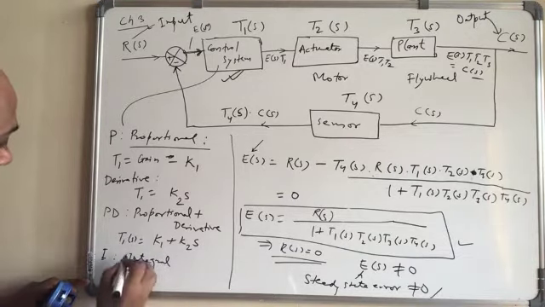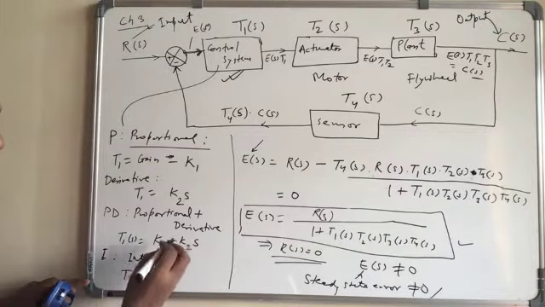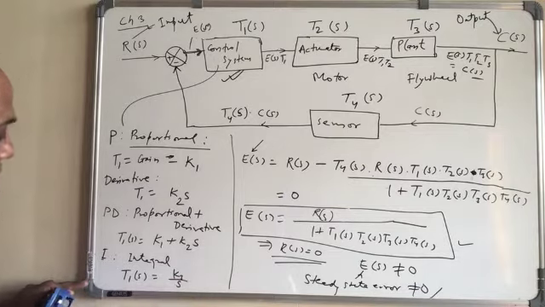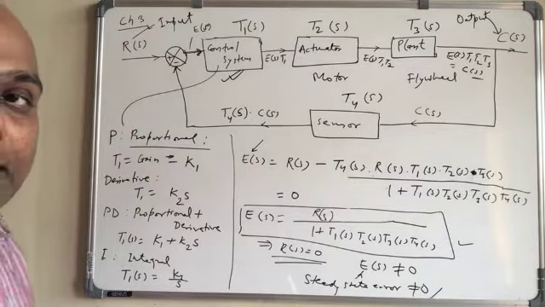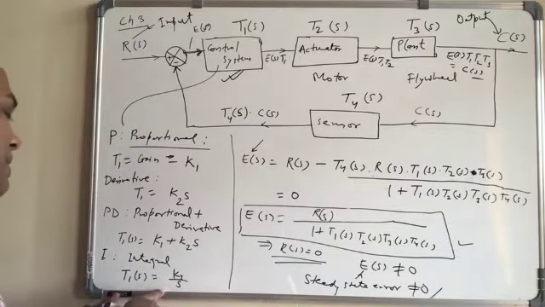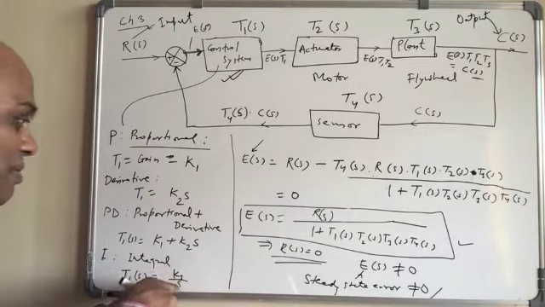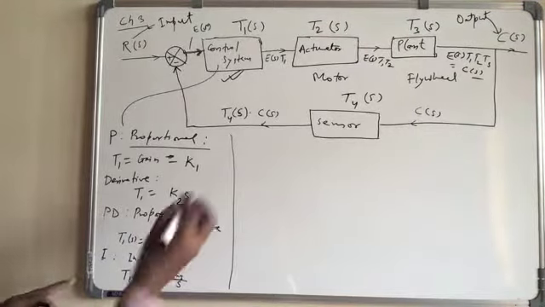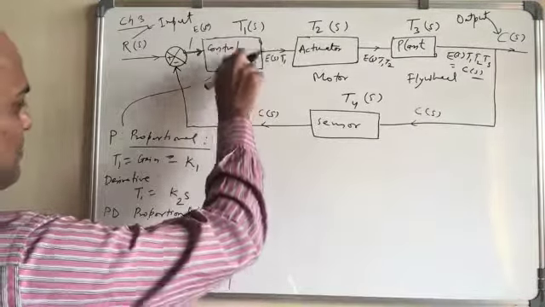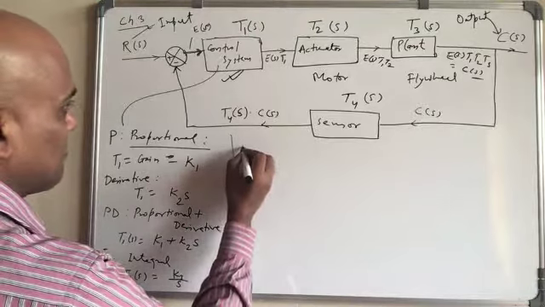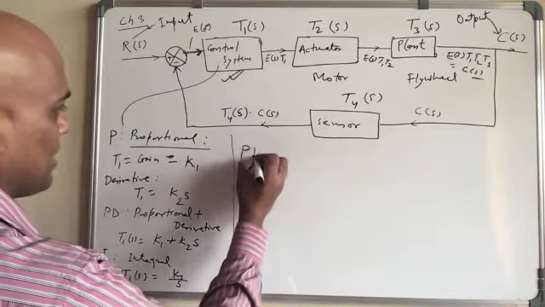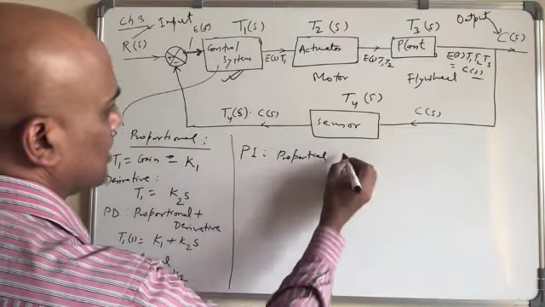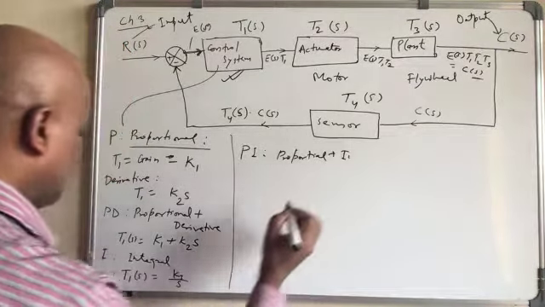Okay, in this case T1(S) could be K3 divided by S. As you know, that is an integrator, so if you take the Laplace transform, you have 1 over S. Then this could be PI, proportional plus integral.